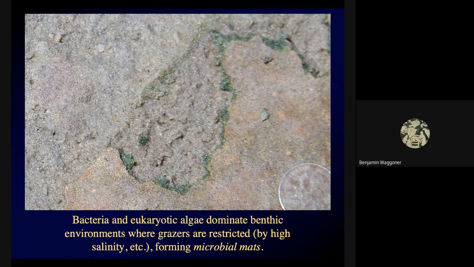And so there's not a great deal of animals to disturb the development of the mat. In particular, there aren't any grazers. There's no snails or anything that would churn up that mat and eat the algae. And so in habitats like that, you can get pretty extensive microbial mats building up on the bottom.